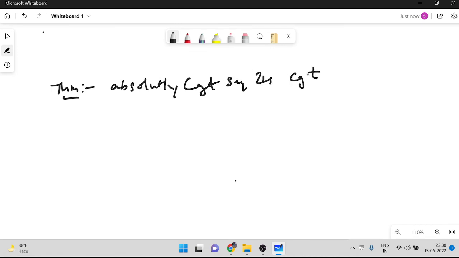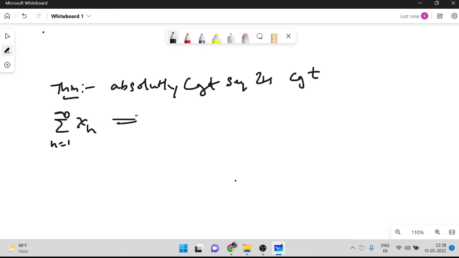Okay. Now we have a theorem. An absolutely convergent series is convergent. So what's absolute convergence? Basically you have a series sigma n equals 1 to infinity xn.